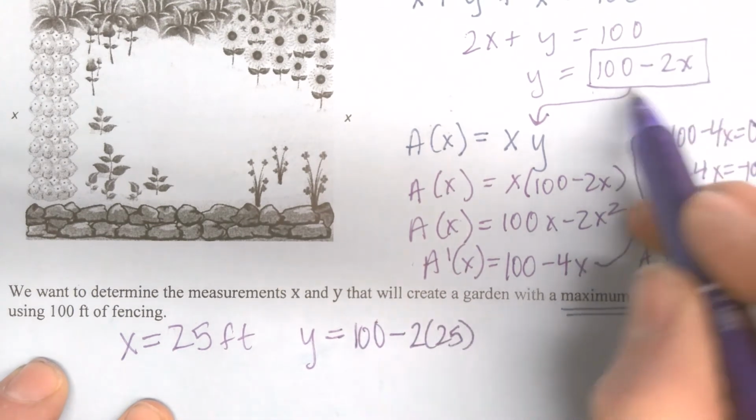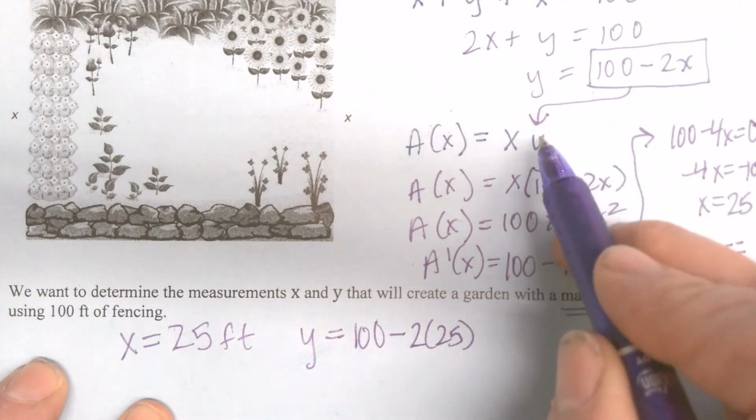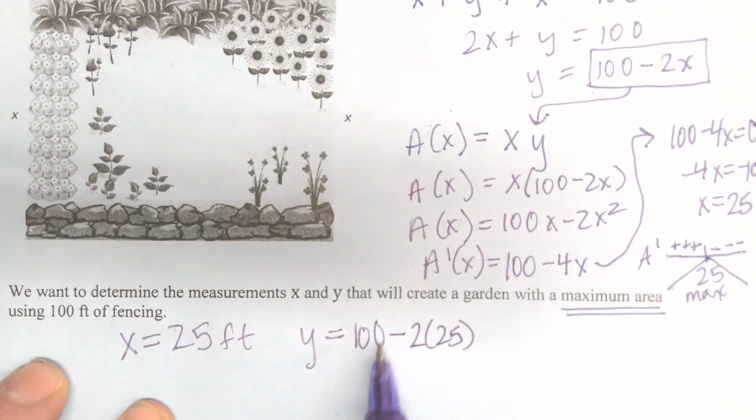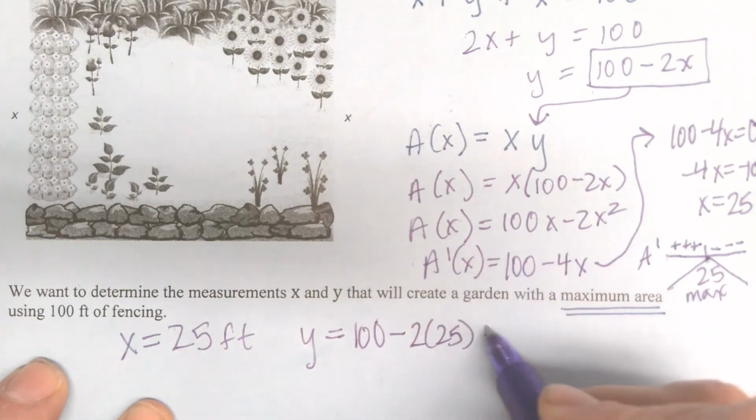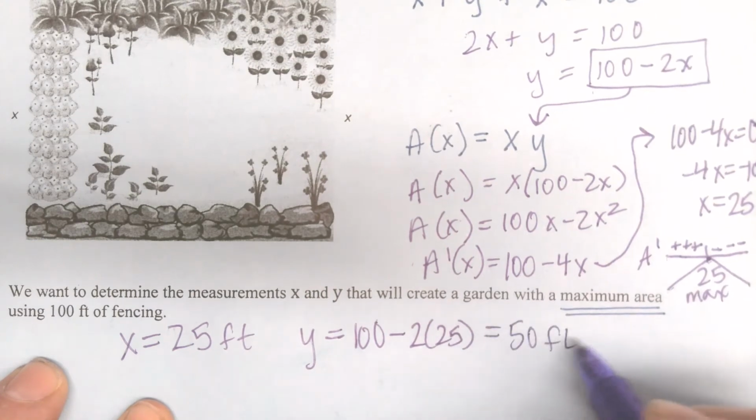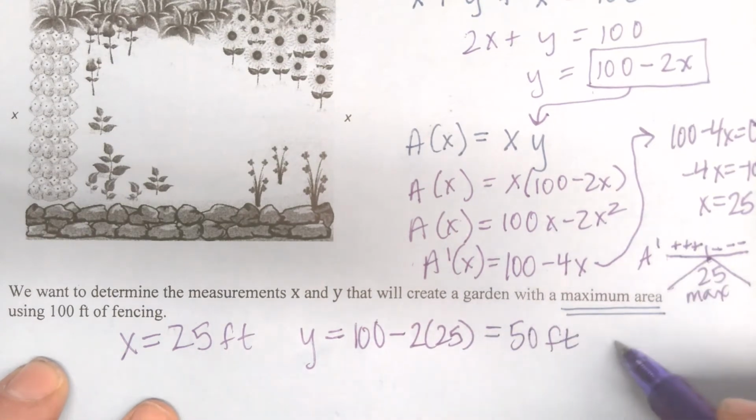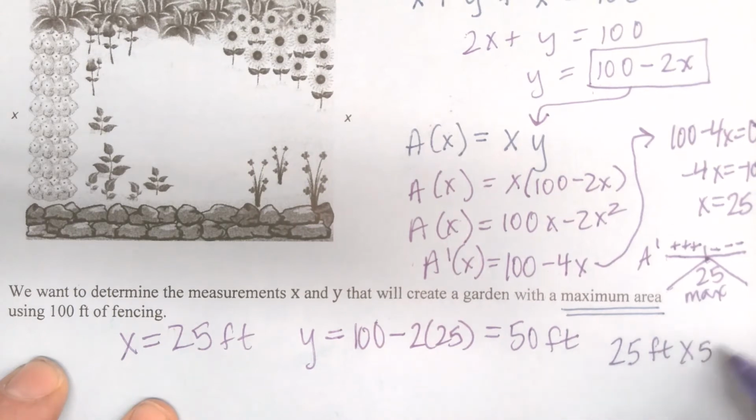That, again, came from up here. That was the connection I used for y, and I need both dimensions. 100 minus 2 times 25, or 50 feet. So I would say my dimensions are 25 feet by 50 feet.